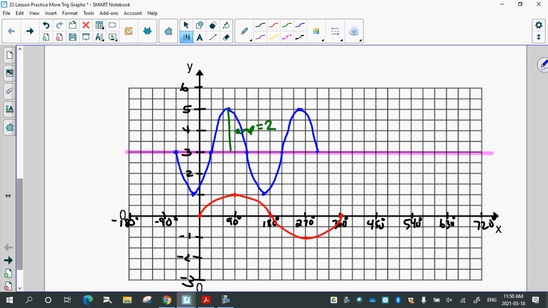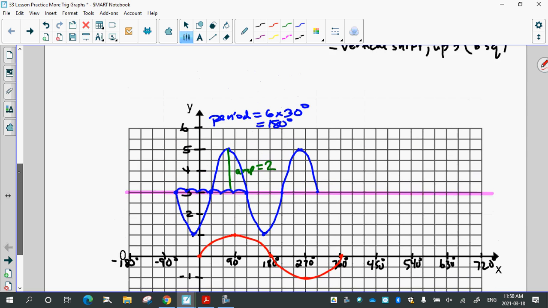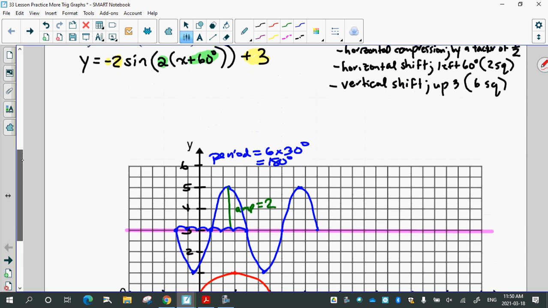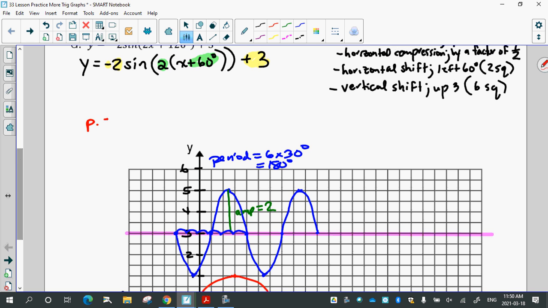Period: for one cycle, it's 1, 2, 3, 4, 5, 6 squares, times 30 per square is 180 degrees. My phase shift, it says in the factored version of the equation, is left 60, which you write as negative 60 degrees.